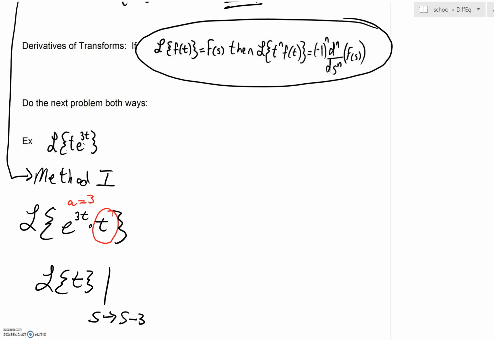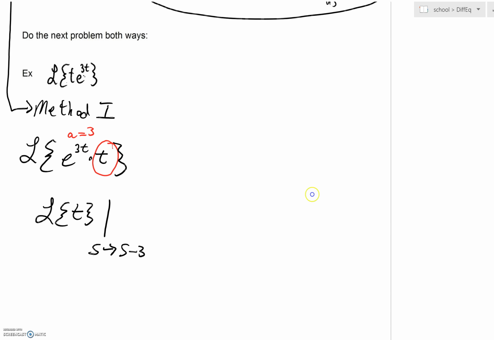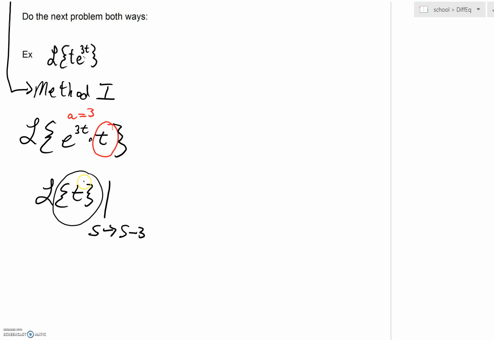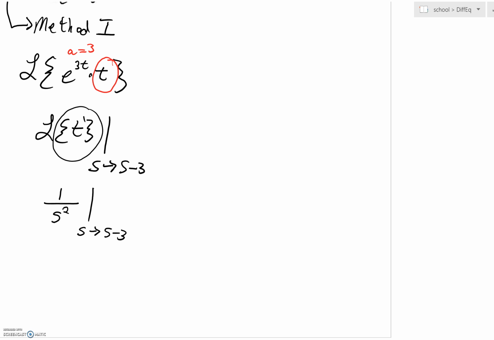So you might remember that's what we were doing before. Now, what is the transform of t to the first? What would we get? 1 over s squared. But we're going to say, wait a minute, that's going to get shifted. Wherever you have an s, it's going to become s minus 3. Final answer will be 1 over s minus 3 squared. Okay? And our video is about to end.